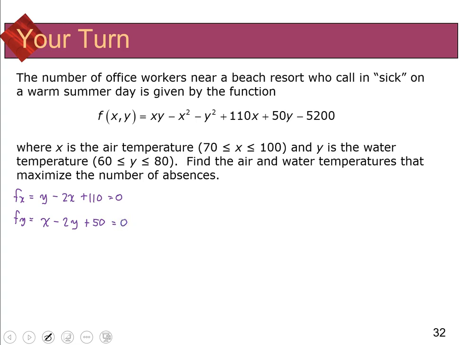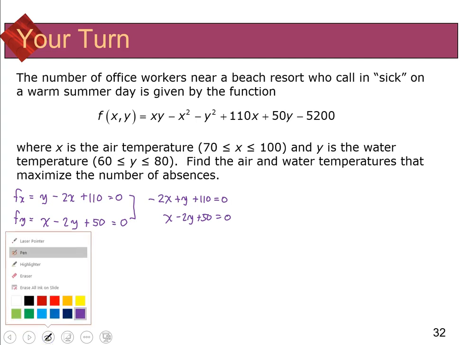So again, I'm going to set up my equations here. I have negative 2x plus y plus 110 equaling 0. I have x minus 2y plus 50 equaling 0. It's really up to you which you want to eliminate, because there's not one that just automatically cancels out at this point.